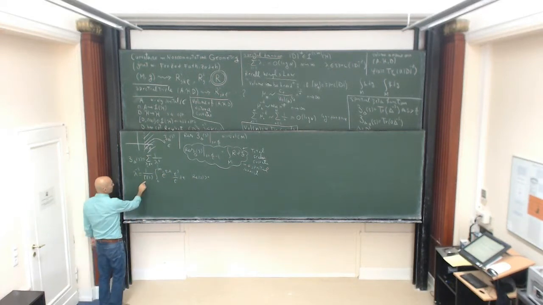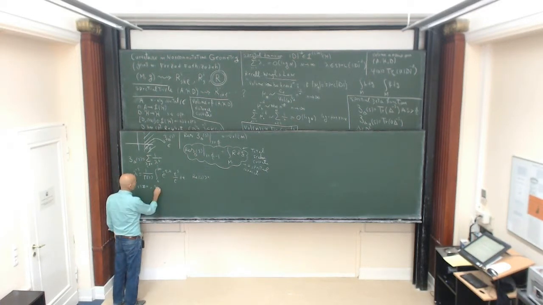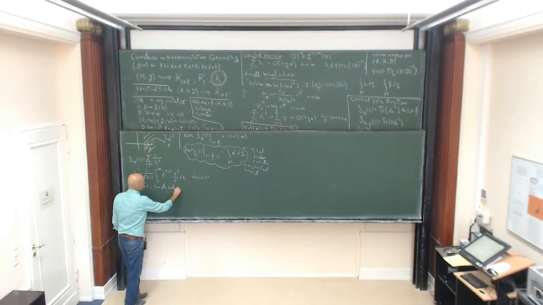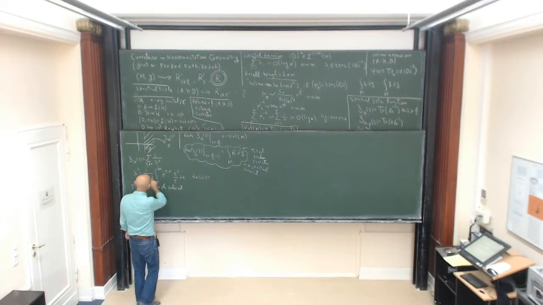What you need to know at this stage about the gamma function is that gamma of s is different from 0 at all places, and it has simple poles at 0 and negative integers. That's all you need to know. And of course, you need to know its definition as well to get this formula.